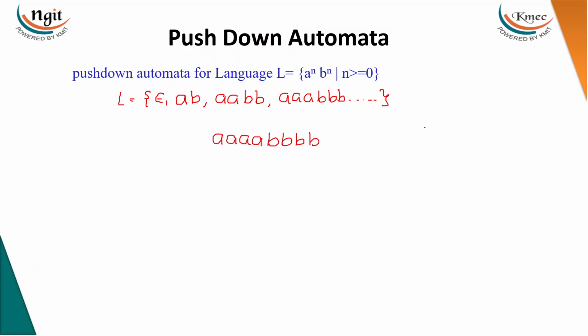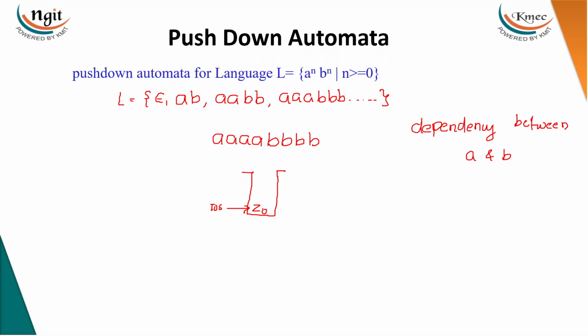So there is a dependency between A and B. If you are able to handle this dependency with a stack, which initially has Z0, then we can say that it is a context-free language, accepted by a pushdown automaton.